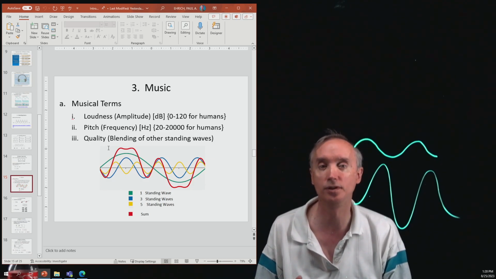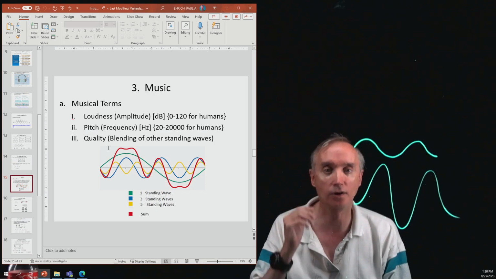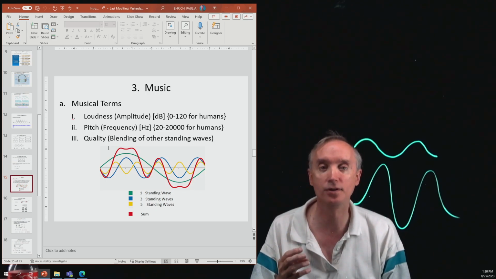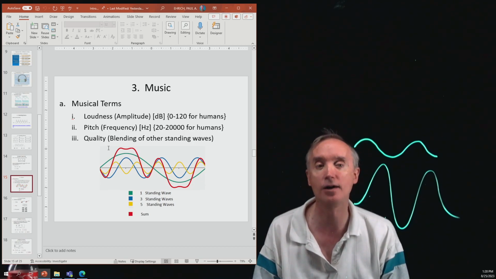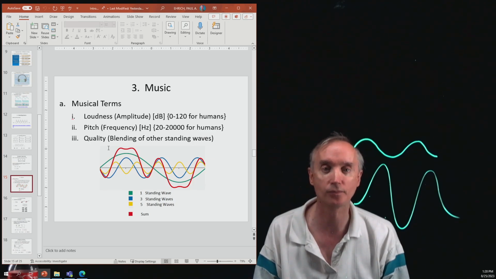For humans, we can barely hear the loudness of 0 decibels, and 120 decibels is deafening for a human. So that's about the maximum loudness that we can withstand.